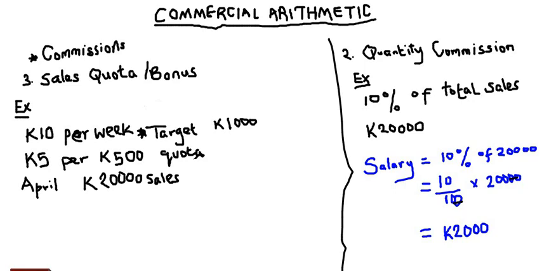So if we analyze this particular situation, we'll say, of course, every week there's a target of 1,000 kwacha. So we expect that there are 4 weeks in a month, which means the target in terms of sales per month is 4,000 kwacha.